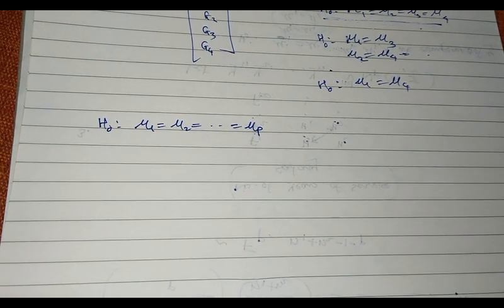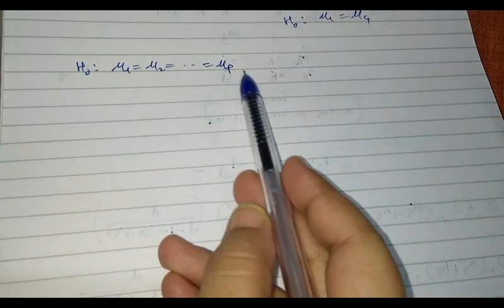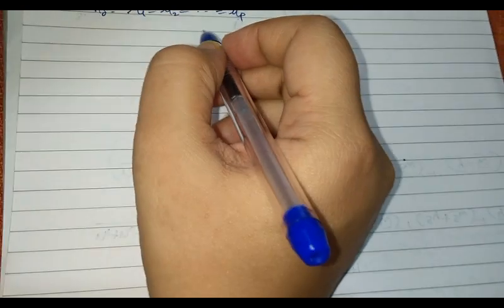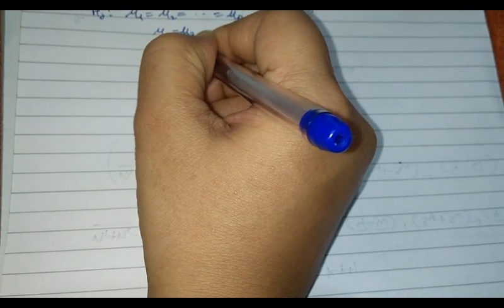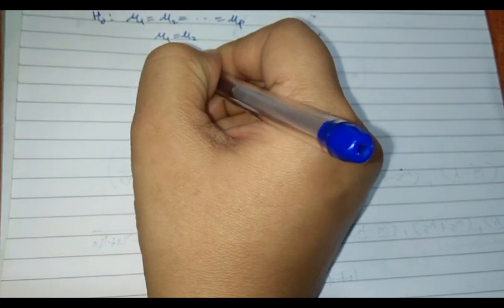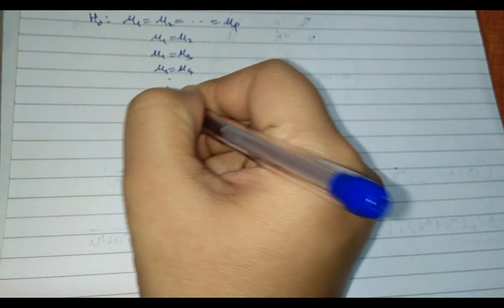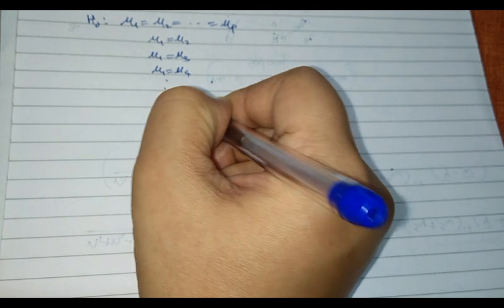Now how do I construct a vector u which has mean 0? First of all, can I split this into multiples? So there are 2 ways. I can write this as mu1 equal to mu2, mu1 equal to mu3, mu1 equal to mu4, and so on till mu1 equal to mu_p.